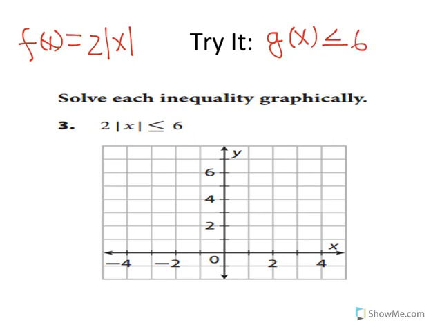My mistake. But then we want less than or equal to, so that means that we're looking for below the graph.